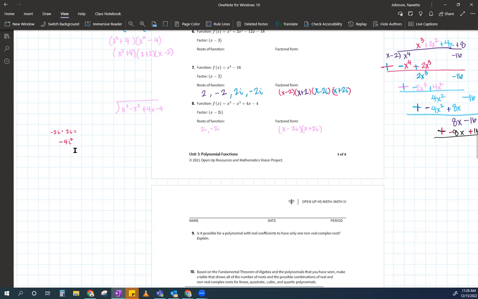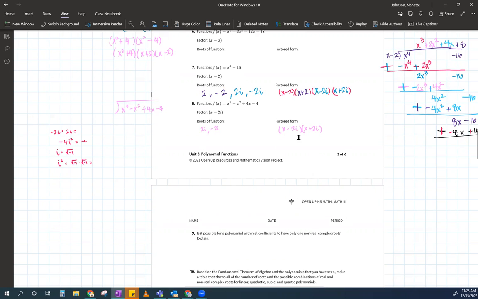If i equals the square root of negative 1, i squared equals the square root of negative 1 times the square root of negative 1, which is what? Yeah, it's negative 1. So this is negative 4 times negative 1, which is just 4.